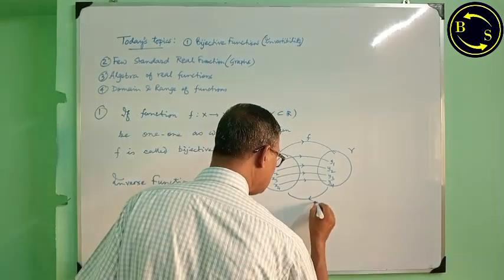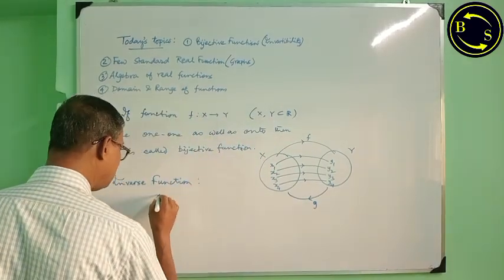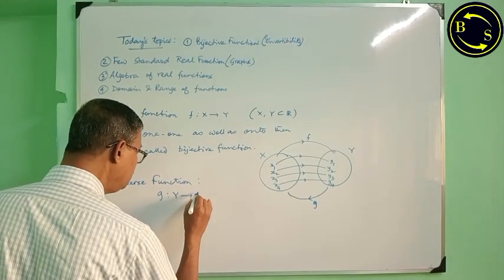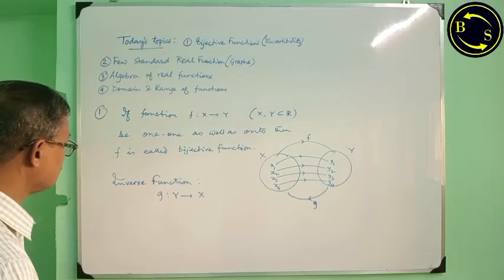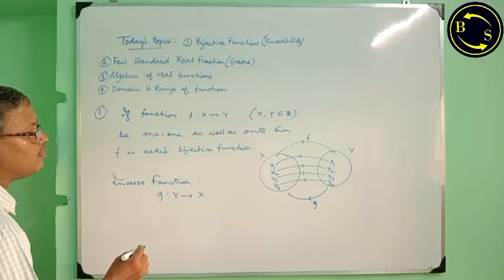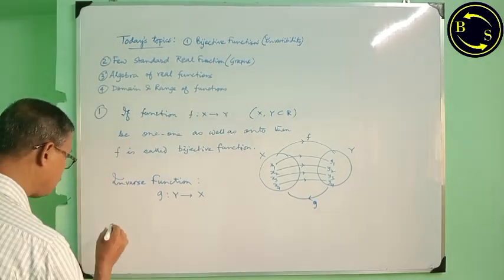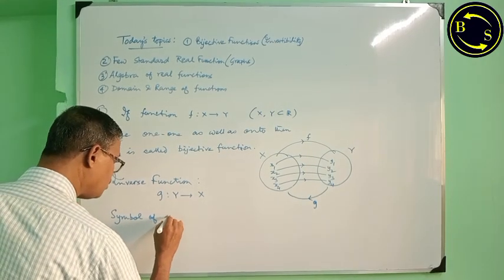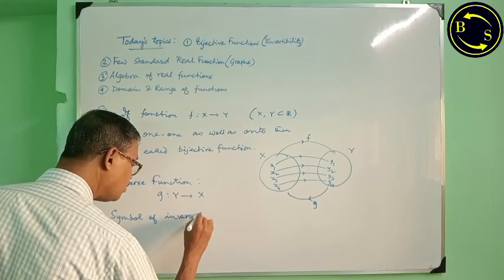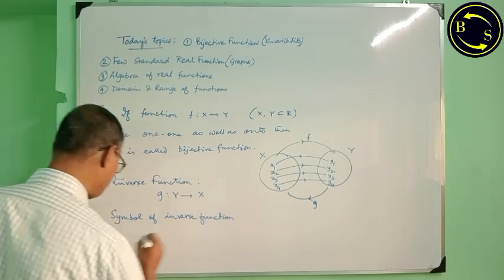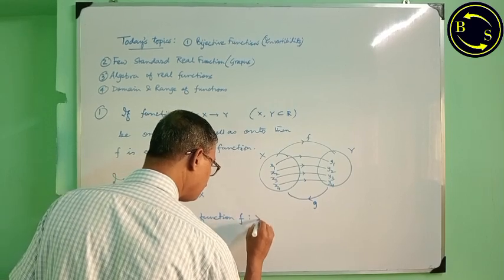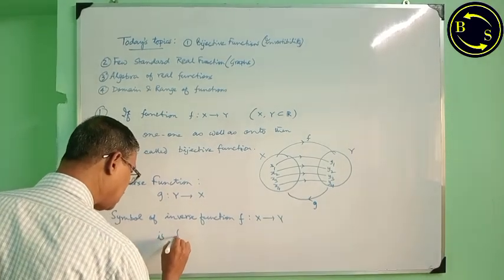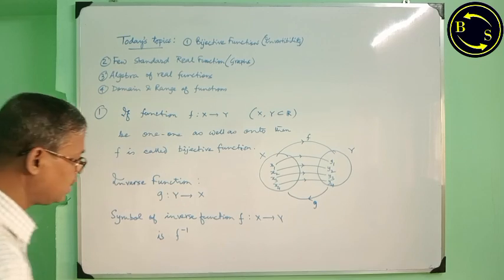If we denote that by g, then g is the function from set Y to set X. For the function f, the symbol of the inverse function is f inverse, f to the power minus 1.